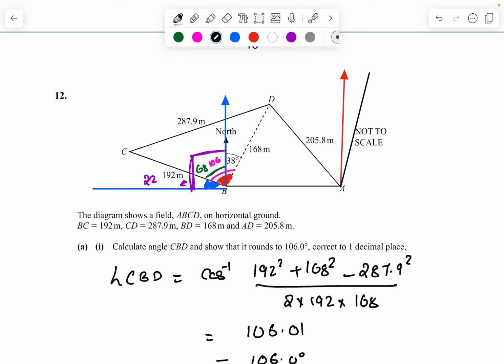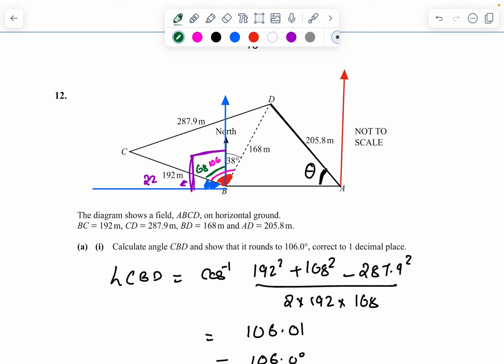This is 90, 180, 270, and I have to find the extra on this particular angle. Let it be equal to theta.